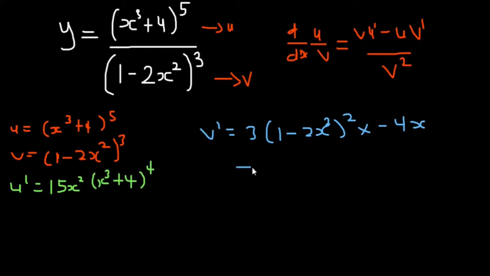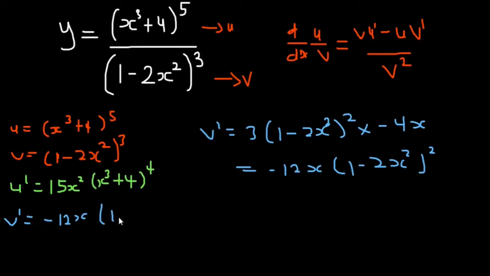Okay, so at the end I have minus 12x into bracket 1 minus 2x squared, all squared. Okay, so now we know v prime also, which is minus 12x into bracket 1 minus 2x squared, all to the power 2.